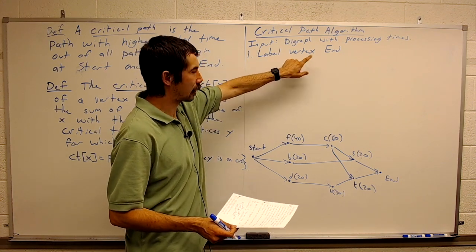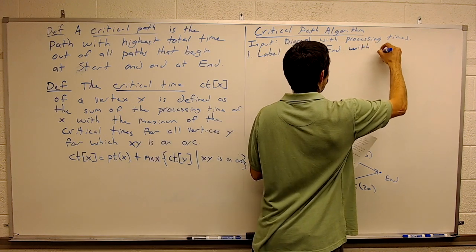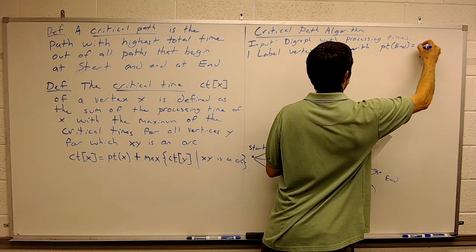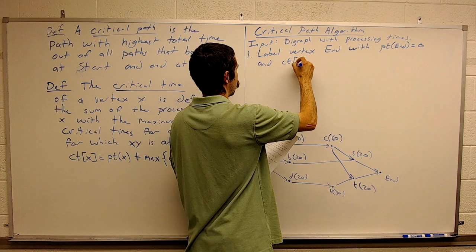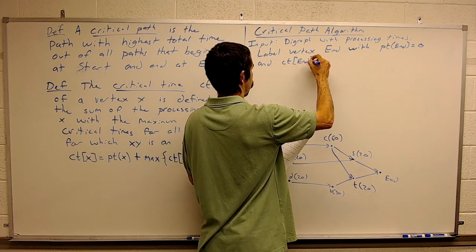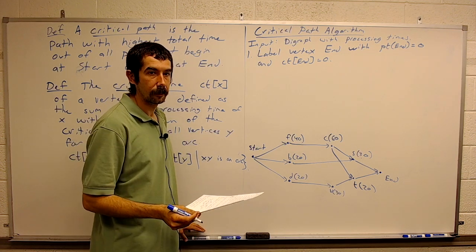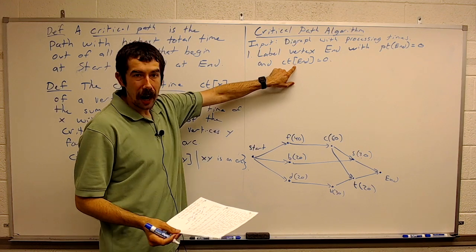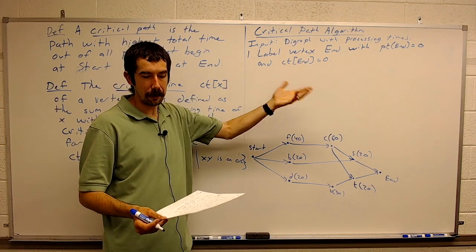So label the vertex end with processing time 0 and critical time 0. Okay? We're going to use the brackets for critical time. We're going to use the parentheses for processing time to keep it straight.